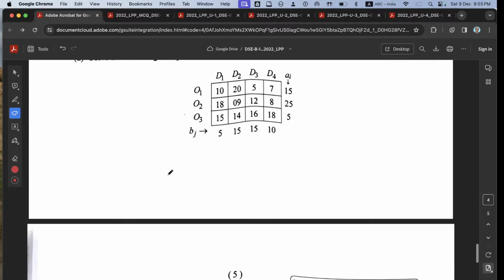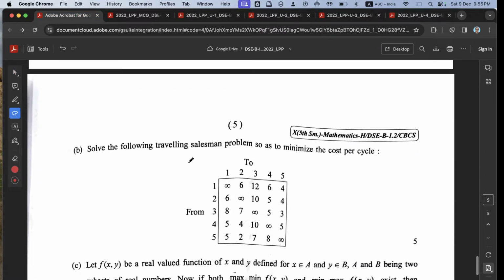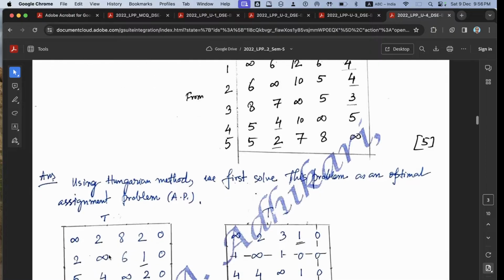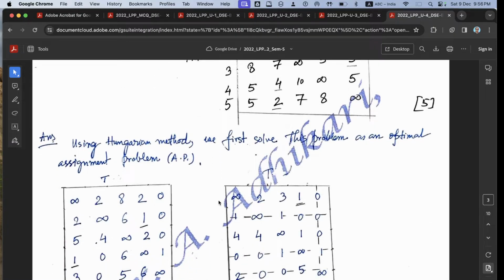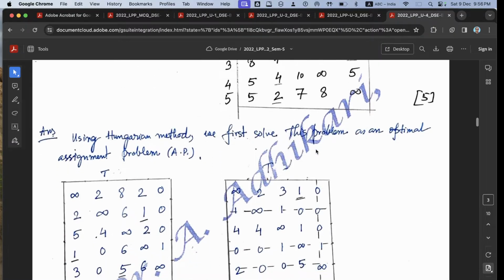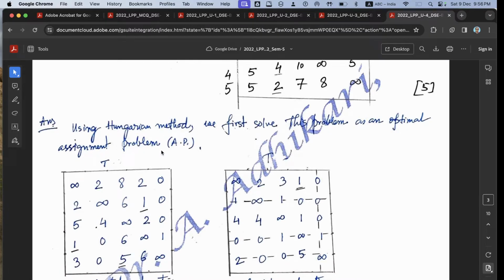Question 5b. Solve the following TSP so as to minimize the cost per cycle. Using the Hungarian method, we first solve this problem as an optimal assignment problem.